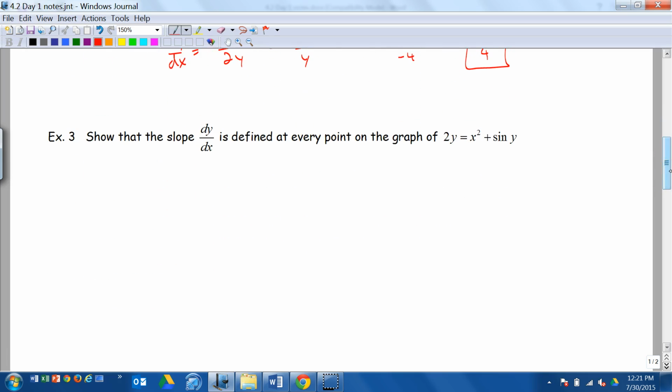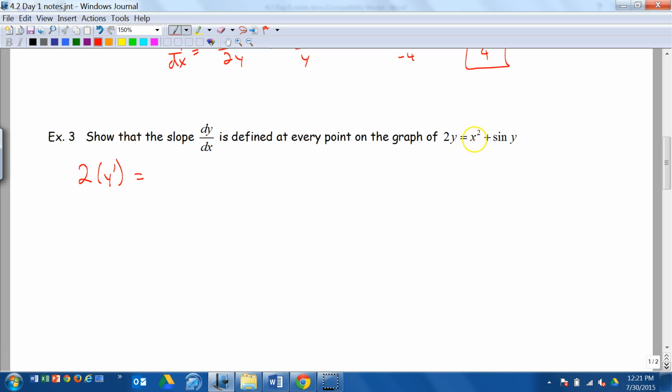Show that this slope is defined at every point on the graph. Okay, well, first we have to find the slope, and in order to find the slope, we have to take the derivative. Now you have to be careful because there's y's on both sides. This is to the first power, so it's just going to be 2, but the y is not gone completely. If it was 2x, it would just be 2, but it's 2 times the derivative of y. So the derivative of 2y is 2y prime, which is, again, what we're looking for.